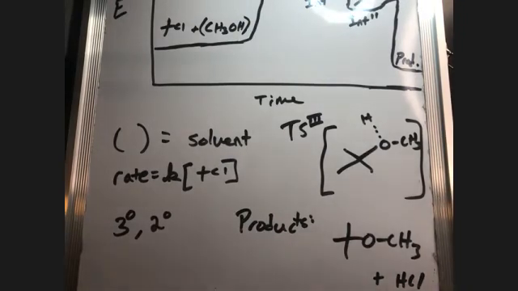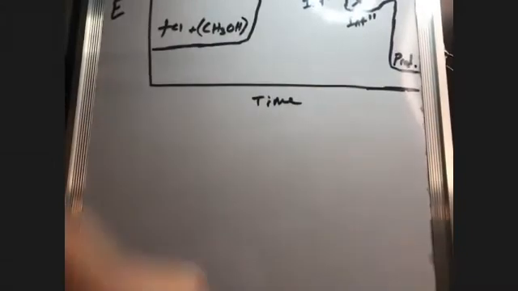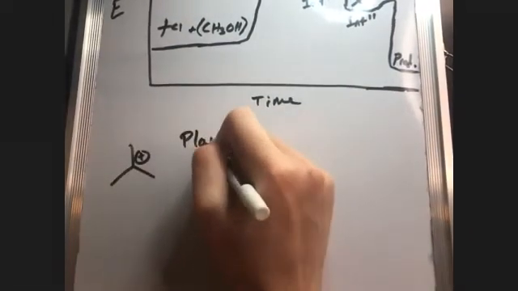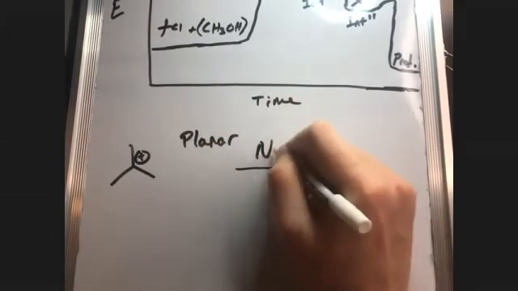So what results from this in terms of stereochemistry? We talked about how Sn2, you get the inversion of stereochemistry. Well, in Sn1, you're dealing with a carbocation intermediate, which, as we've learned from the alkene chapter, is planar, which means that a nucleophile can attack from either side.